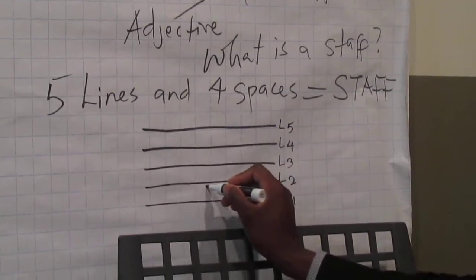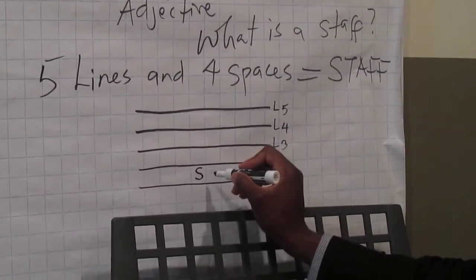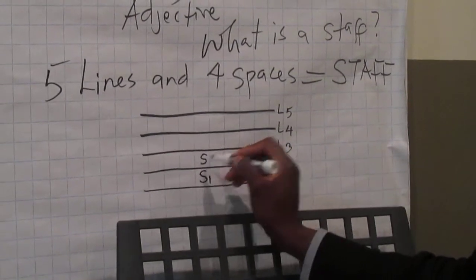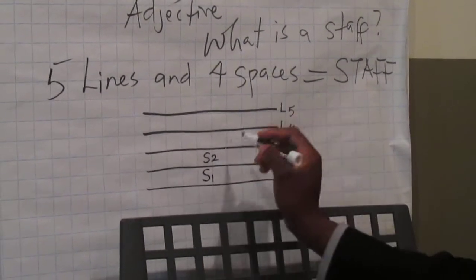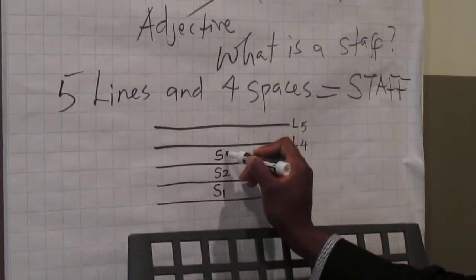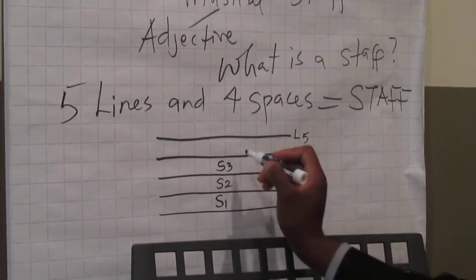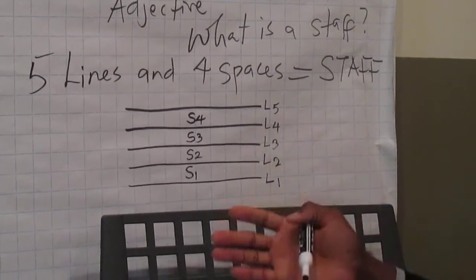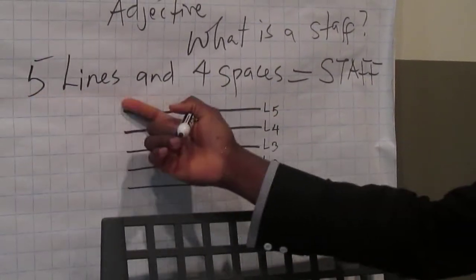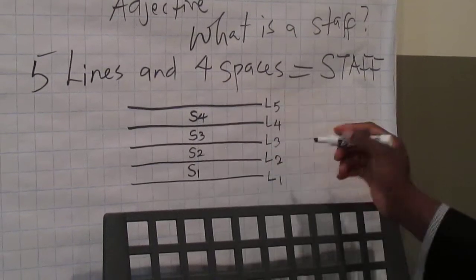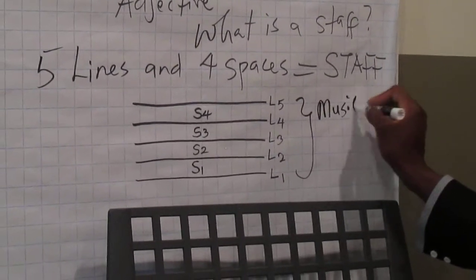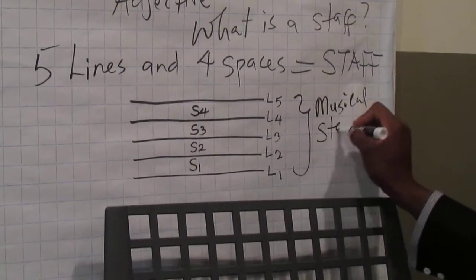This is going to be space 1, space 2, space 3, and we have space 4. Now a combination of the 5 lines and the 4 spaces is what gives us a musical staff.